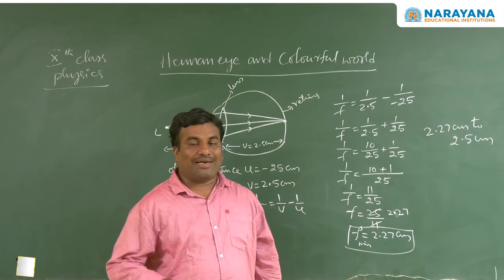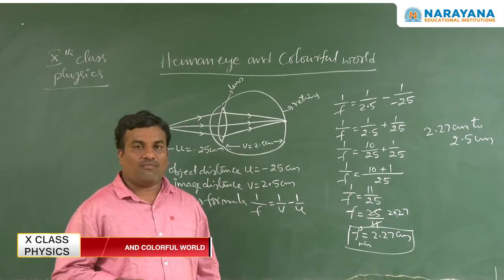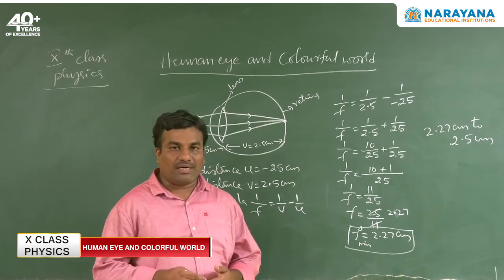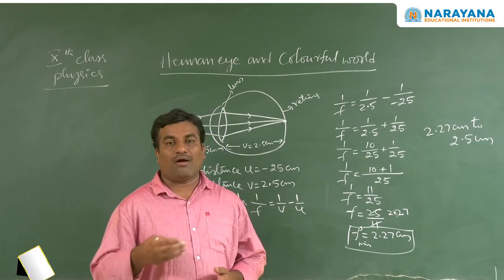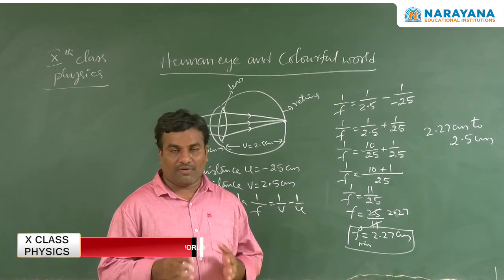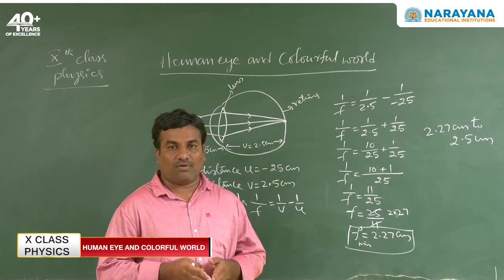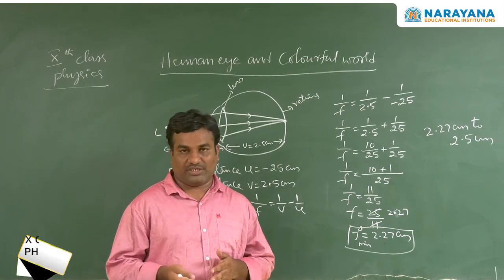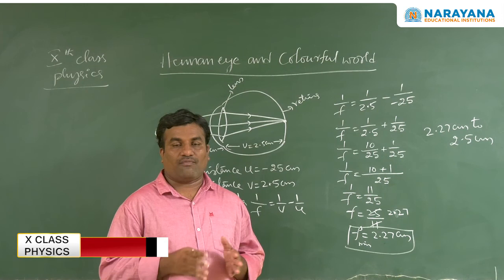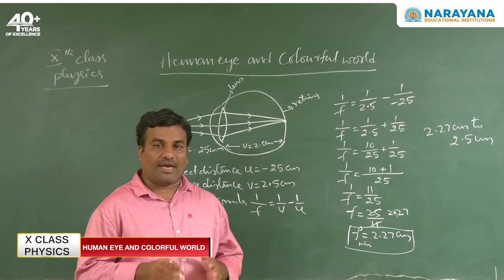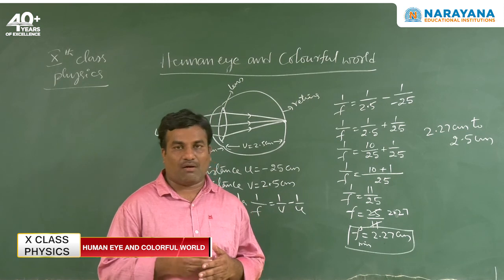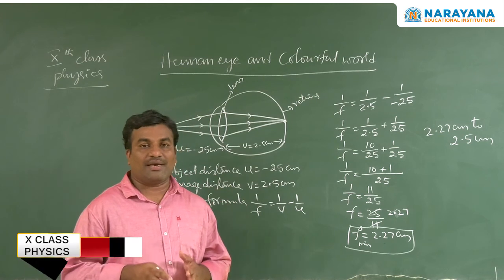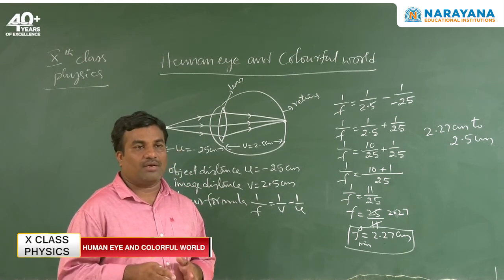With this adjustment we get clear images formed on the retina, and we can observe the perfect shape and size of long distance objects at infinity or nearer objects. So always remember the focal length of the eye lens is maximum 2.5 centimeter and minimum 2.27 centimeter.